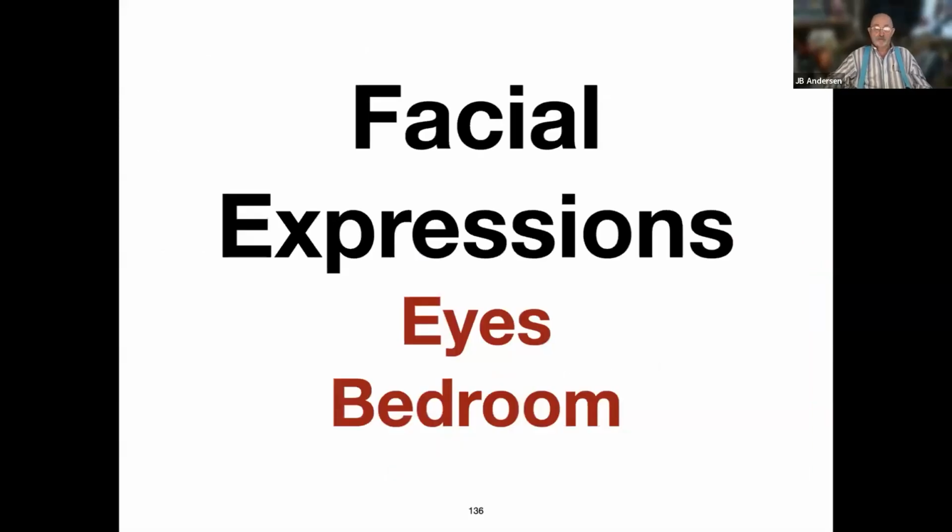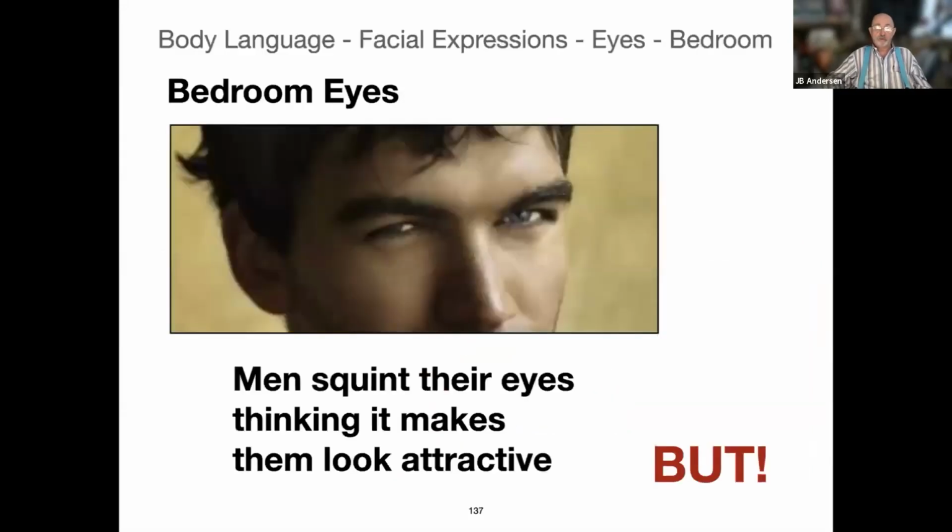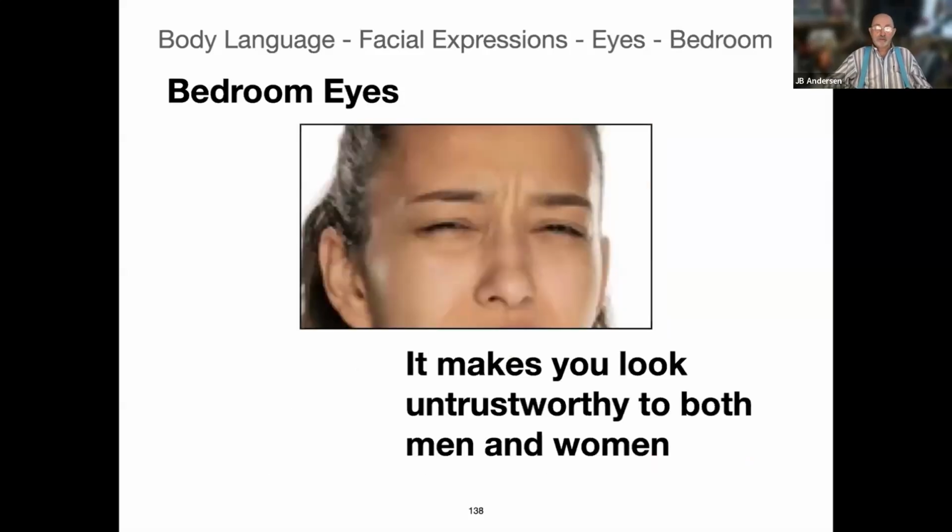Eyes known as bedroom eyes, the name they've been given. And that's associated with squinting. And here's a picture of a young man squinting, looking at someone. Generally, people do that because they think they look more attractive with their eyes in that squint mode.